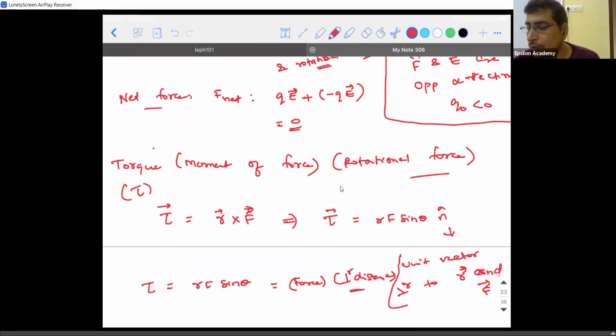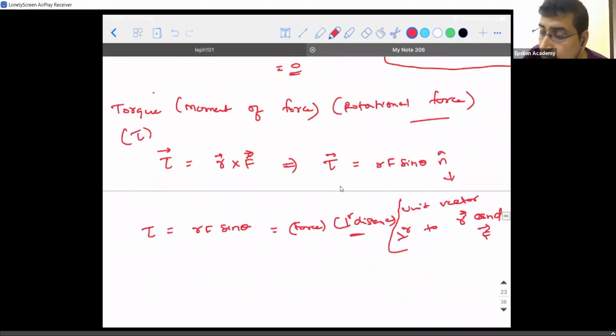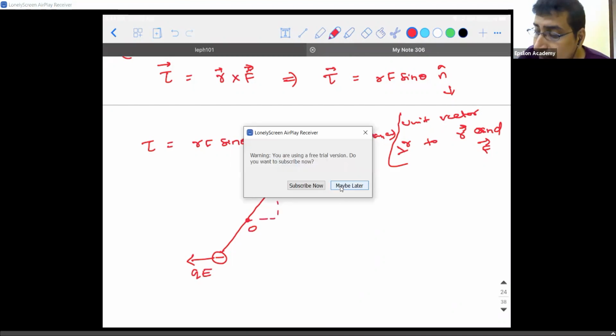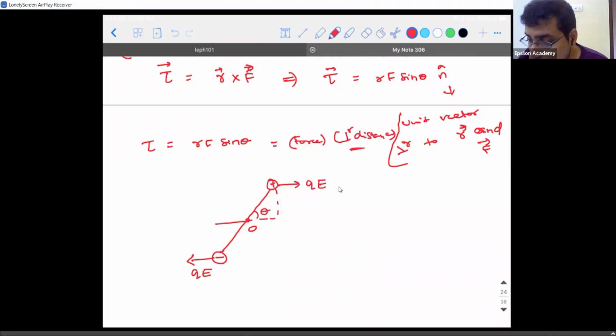So if I take a free body diagram of the dipole, only for the dipole, QE was in this direction, the other QE was in this direction, and this is the center. Now, if I take this as theta, then this angle is also theta because they are vertically opposite angles.